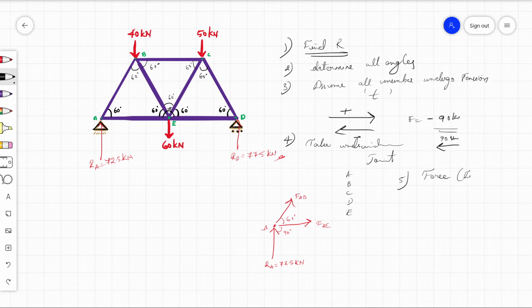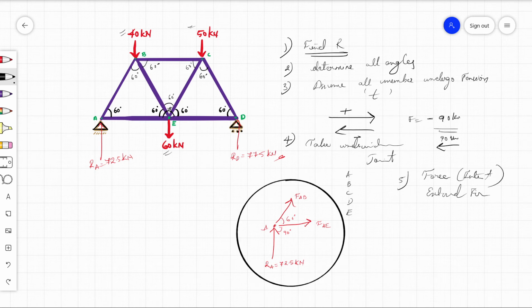It might be majorly internal force as well as external force. What is that external force? It might be the reaction as well as external load, that is 40 kilonewton, 50 kilonewton, 60 kilonewton. We apply that so that it looks like something in this format.